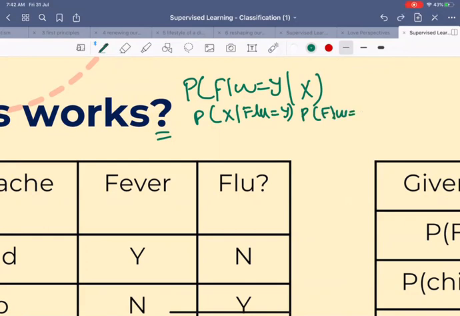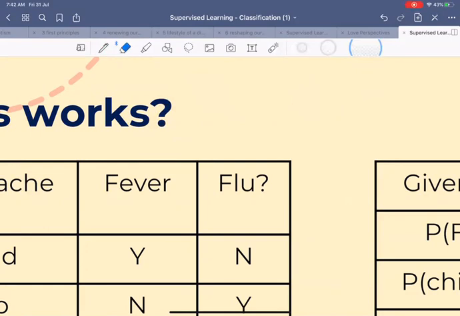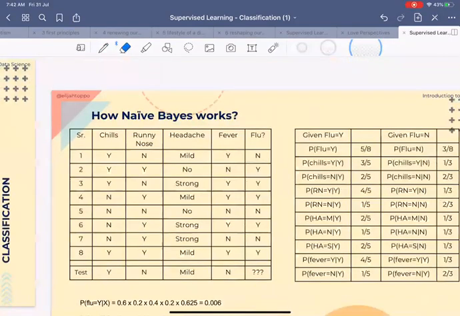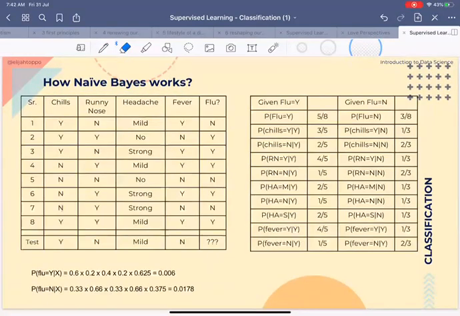No, iPad is giving some trouble. Okay, so this is what we need to evaluate. For this evaluation, I am using the table next to me, and we'll see how this works out.